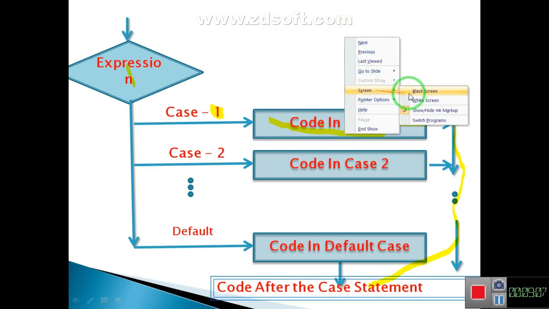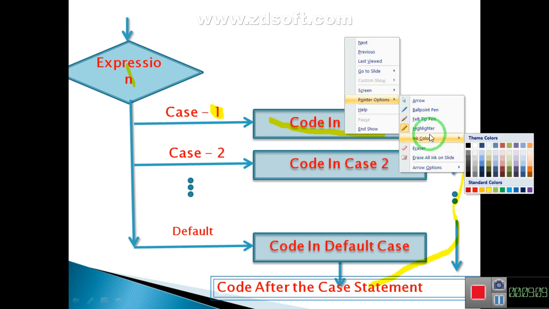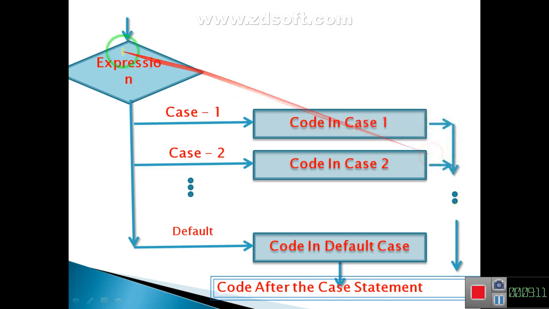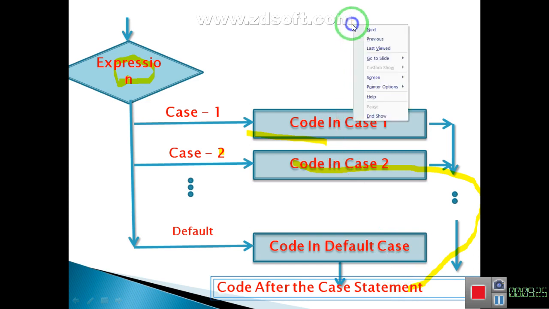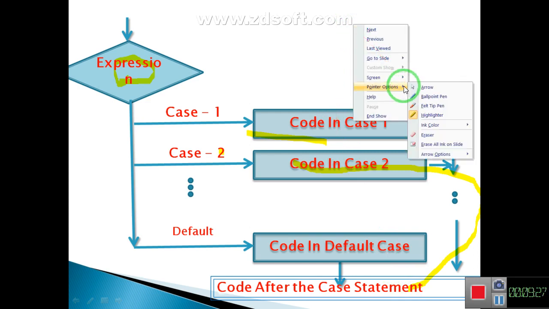Similarly, if based on the user provided value the expression generates the answer 2, this case will be selected, then this body will execute, then it comes out of the switch statement. Similarly, we can create up to n number of cases here.